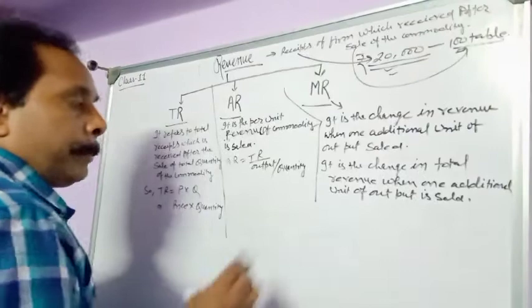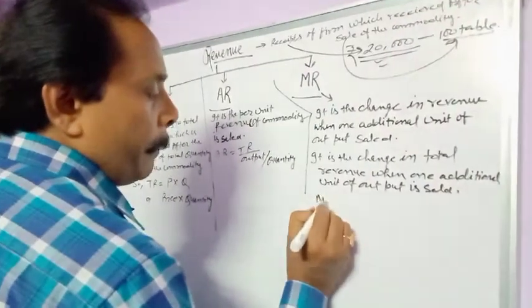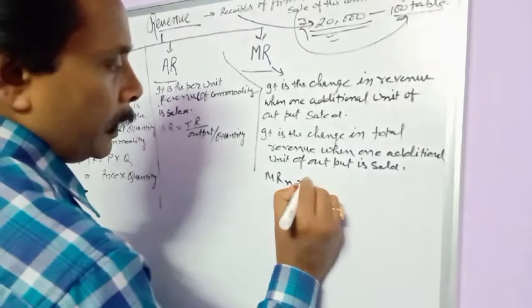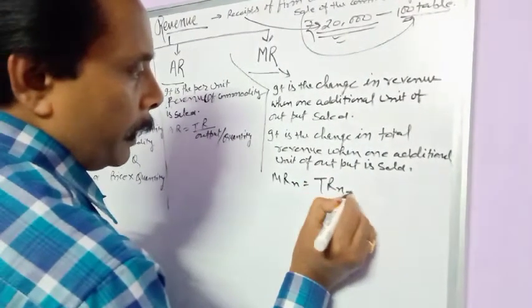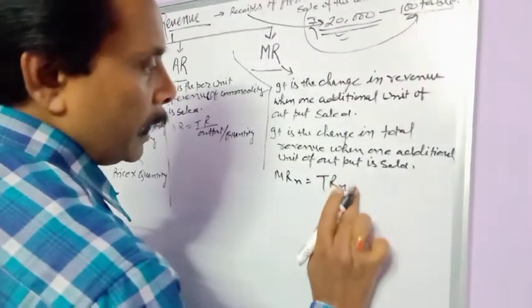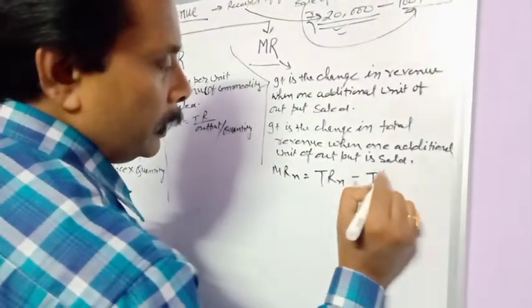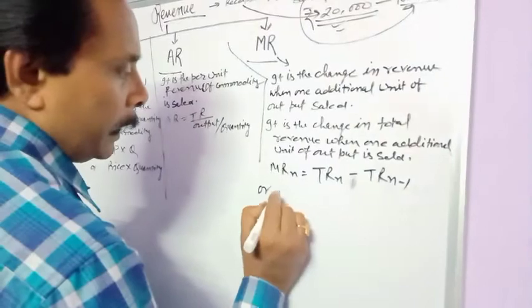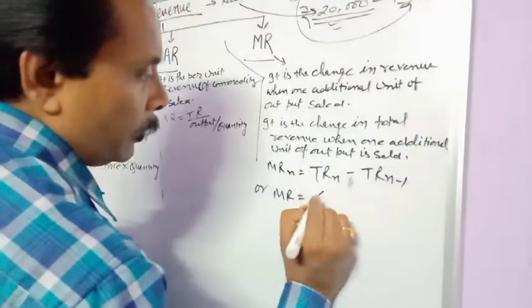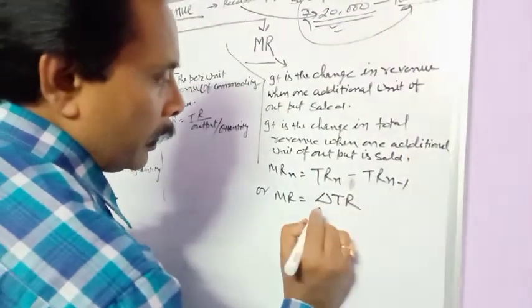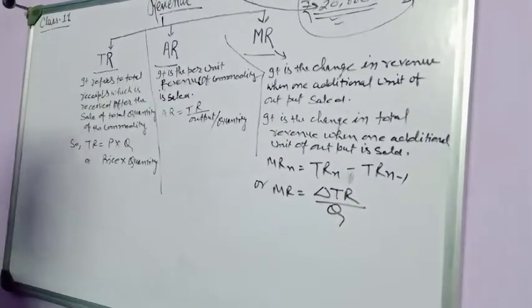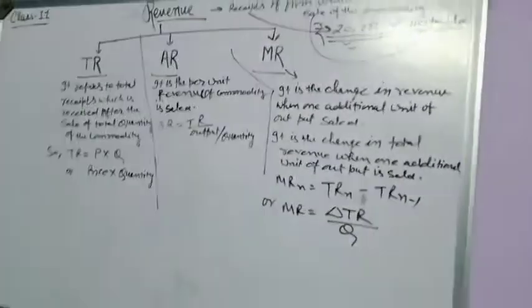Clear? So MR n is equal to TR n minus TR n minus 1, or we can say MR is equal to change in TR divided by change in quantity. Clear? So this is the concept of revenue.